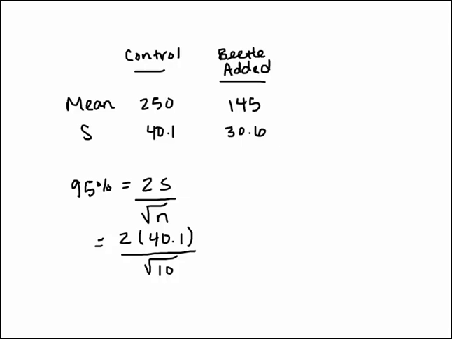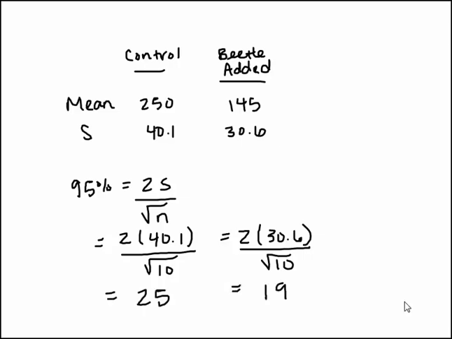And we can do the same thing over here: 2 times the standard deviation, which in this case is 30.6, over the square root of 10, because there were also 10 samples in that group. If I do this, I should get about 25 for my control and about 19 for my experimental condition where the beetles were added to that area.